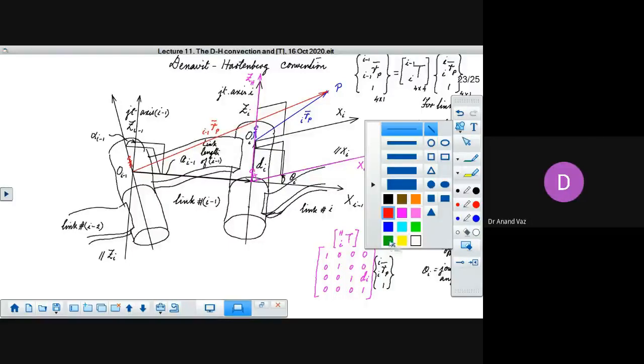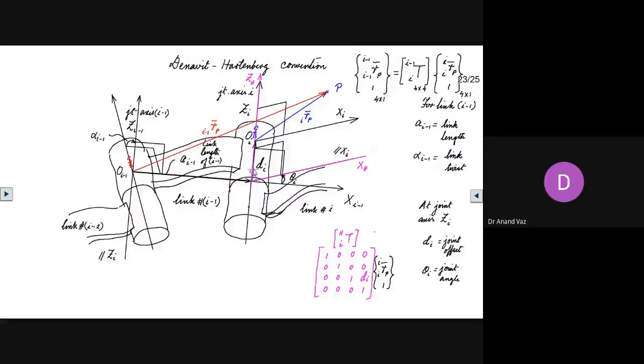Let's take green color. So here, we keep this axis as a pure rotation. We have this green axis here.